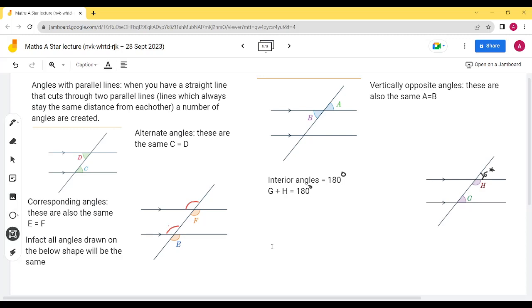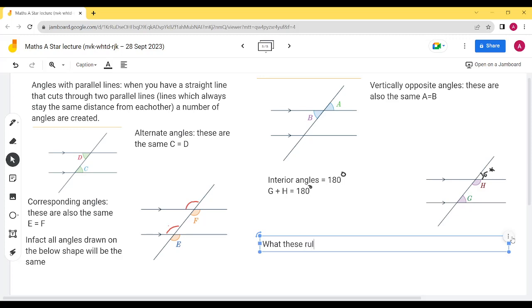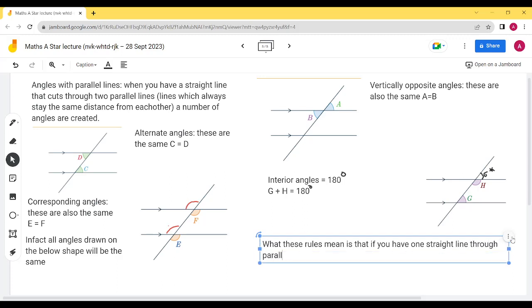So what these rules in effect mean is that if you have one straight line through parallel lines, if you know one angle, you can work out all the others.